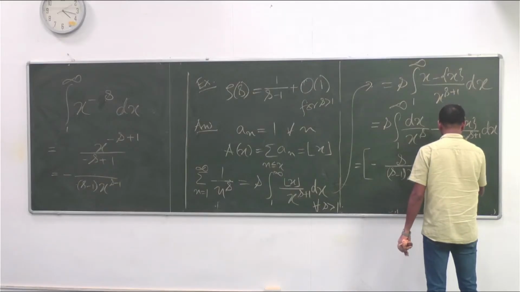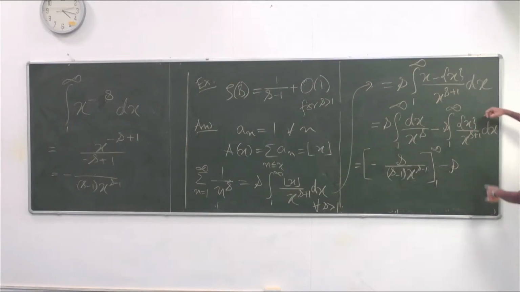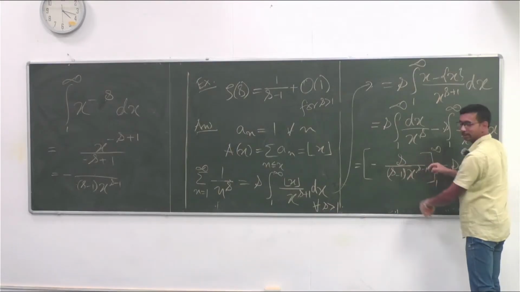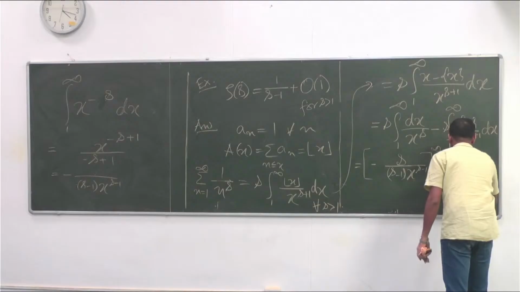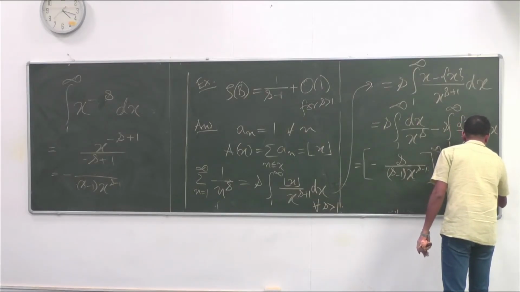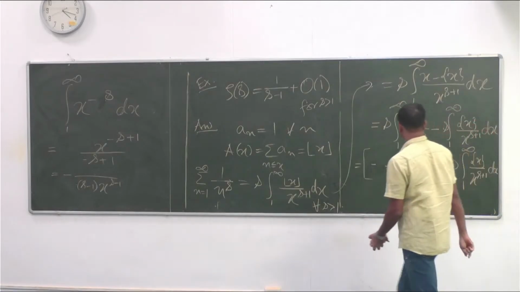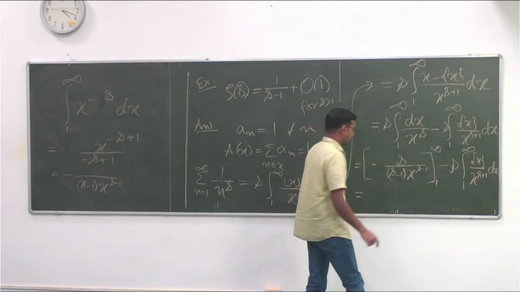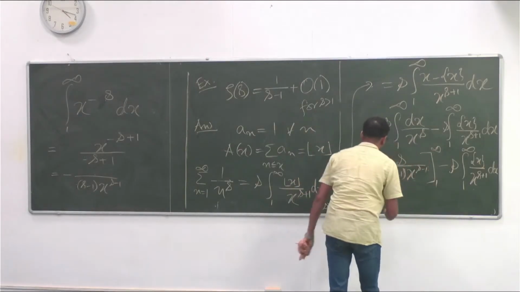So minus s. Okay, now note one thing, that this remains bounded by 1. And so for real part of s greater than 1, this integral converges. Let's keep it as it is for a while, we'll deal with the first one, and then we'll come here. So the integral from 1 to infinity of 1 by x to the power s, after you evaluate at infinity is just 0, at 1 it is s by s minus 1.